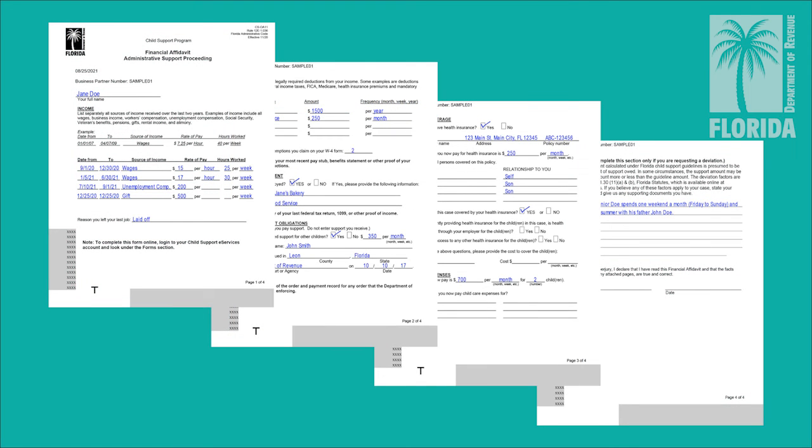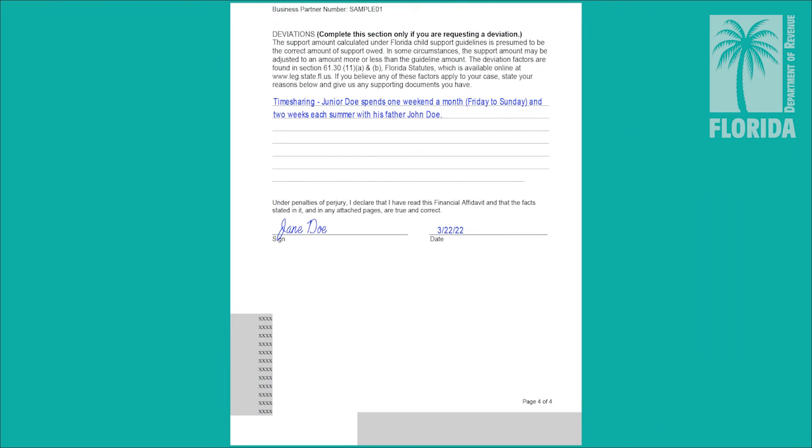All right, the financial affidavit is complete. Take a moment to go back and review each section and make sure the information you entered is correct. When you have checked everything, sign and date the form where it says sign at the end. If you completed the paper version of the form, you have two options to return the form to us.